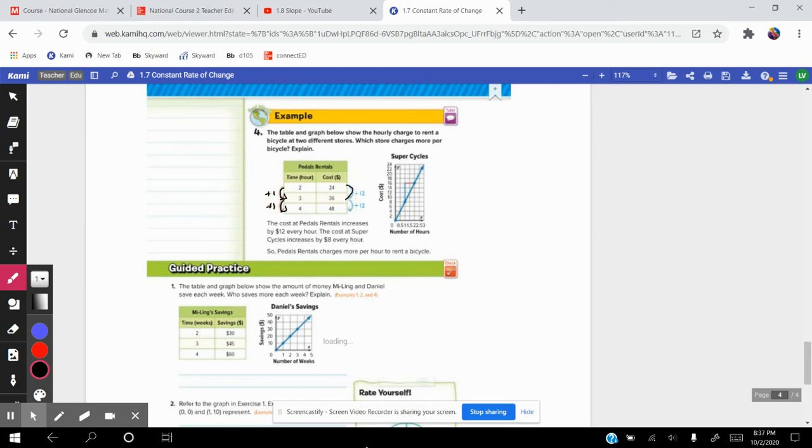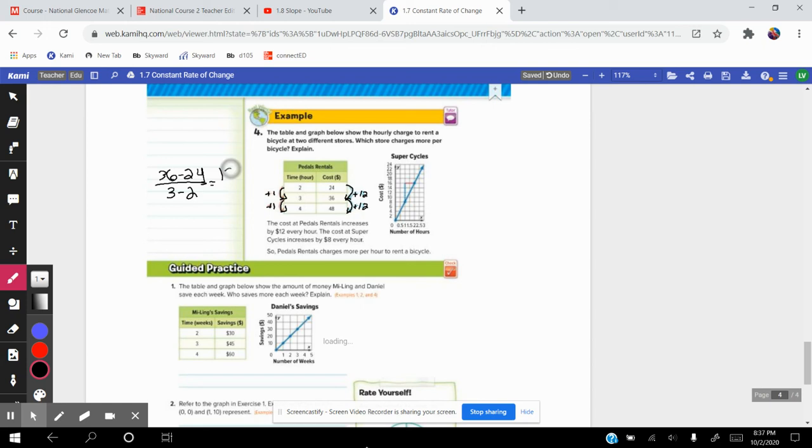Then the cost increases each time by 12. So for this rate of change, we could take 36 minus 24 and divide it by the corresponding hours of 3 minus 2.